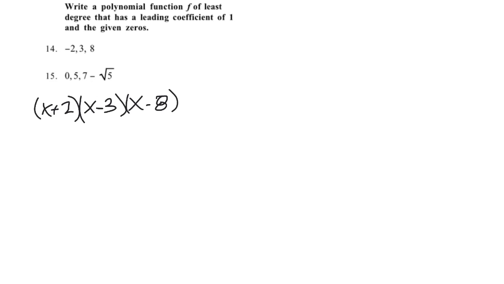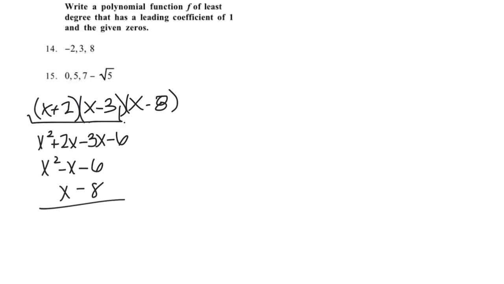So we have x plus 2 times x minus 3. I'm going to multiply these two together first. I get x squared plus 2x minus 3x minus 6. That's x squared minus x minus 6, and I'm going to multiply by x minus 8. So this is plus 48, positive 8x.